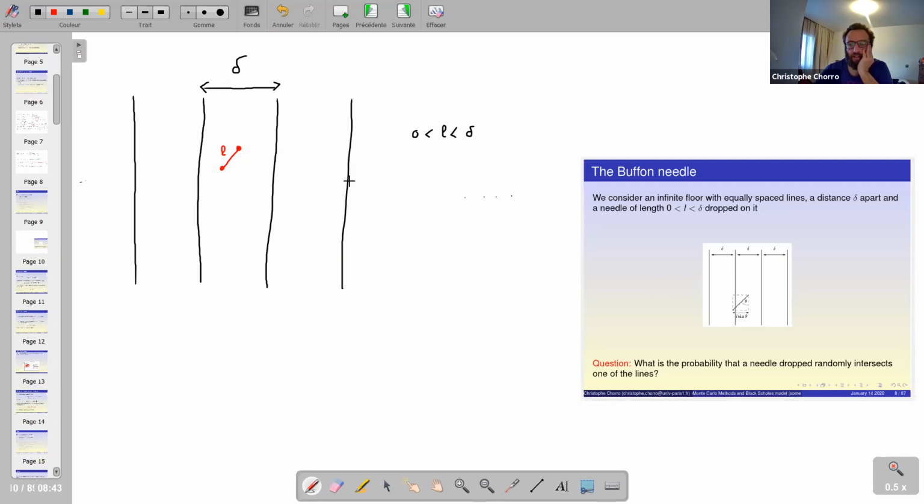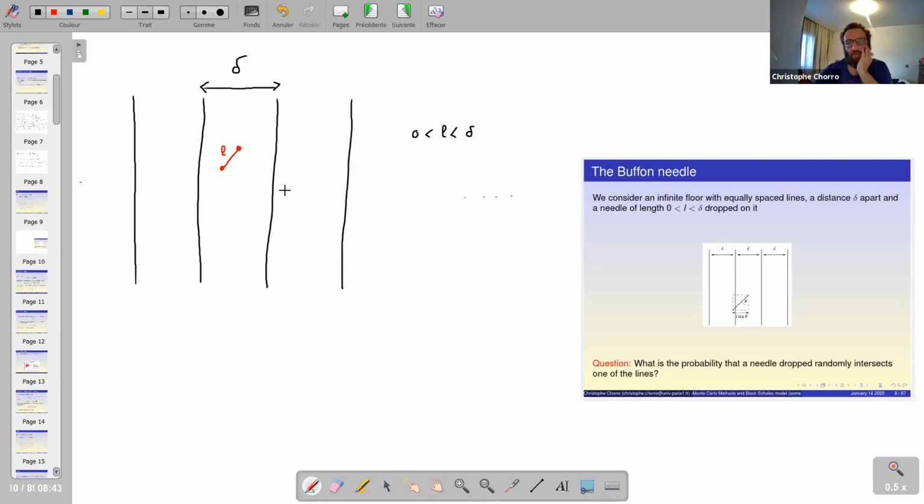The question I ask is, what is the probability that a needle that is dropped randomly intersects one of the lines of the floor? So I want the probability of intersection of the needle with respect to lines.